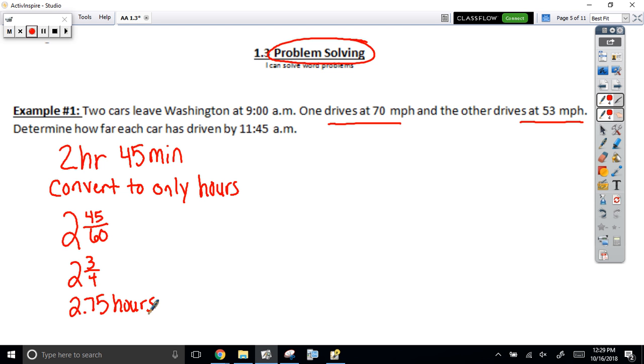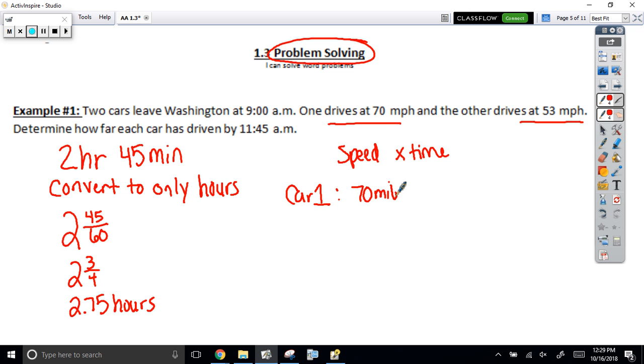What do you think we have to do with the time and their speed? Do we have to add them, subtract them, multiply them, or divide them? Figure out how long they've traveled. Multiply. So we're going to take their speed, which is miles per 1 hour, and multiply that by the number of hours. We're going to do that for each car, because there's 2 cars. So for car 1, they were traveling 70 miles per hour.